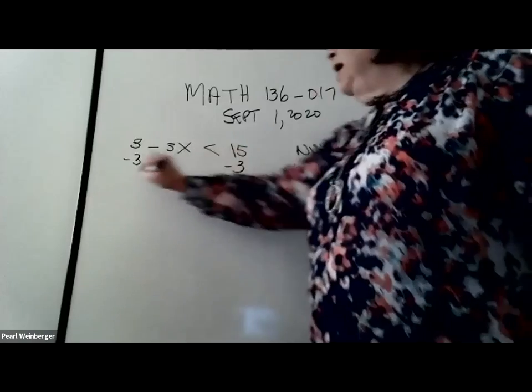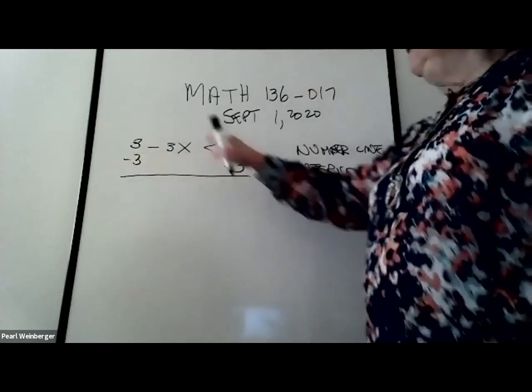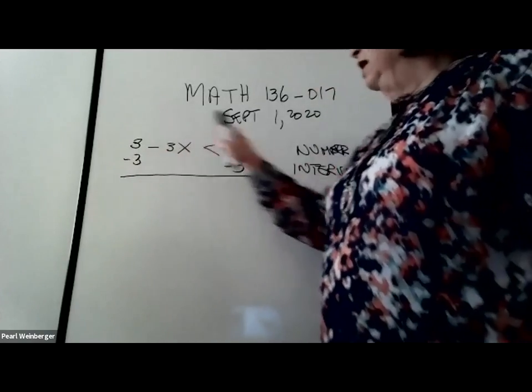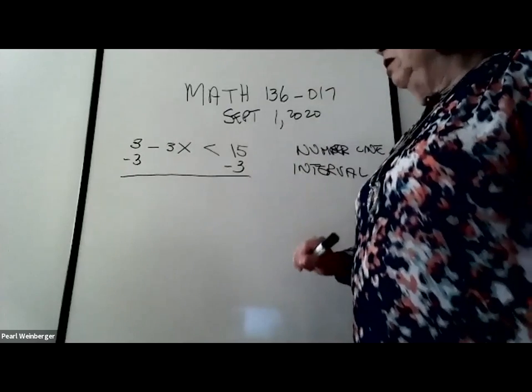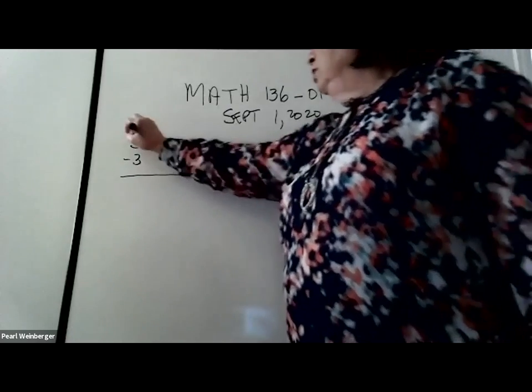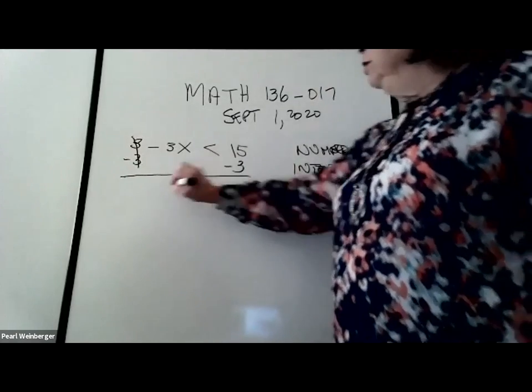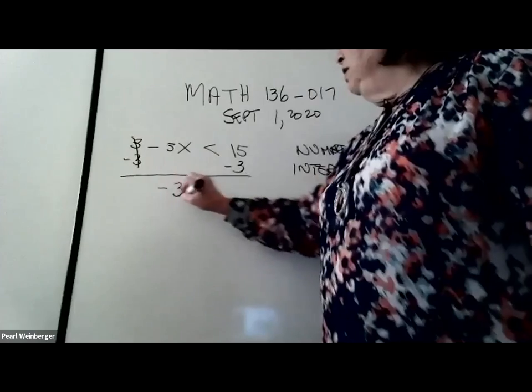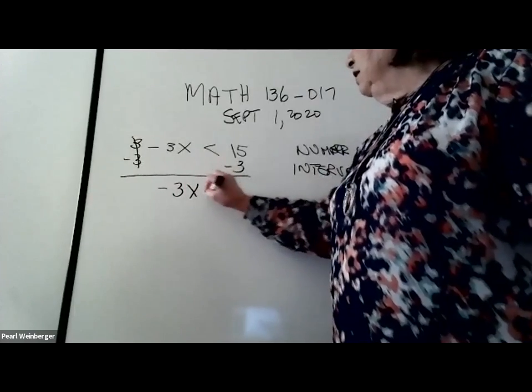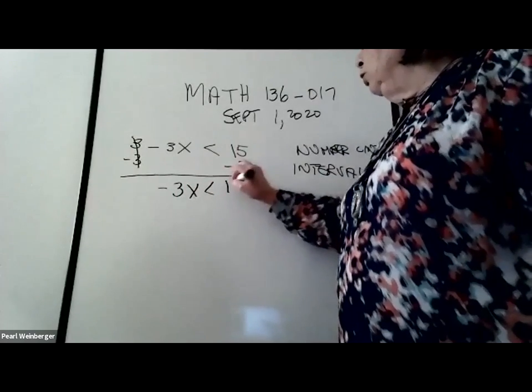If at all possible, you would like to leave the x on the left side and the numbers on the right side. So I'm taking away the 3 by subtracting 3 from both sides, and I'm going to be left with negative 3x is less than 15 minus 3, which is 12.